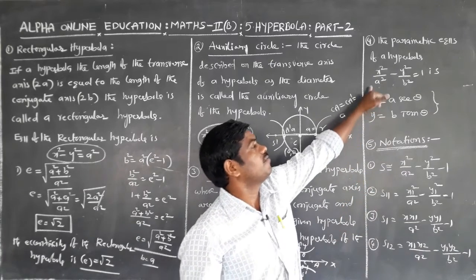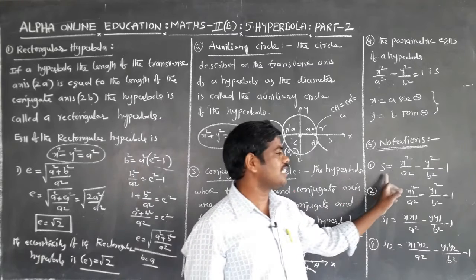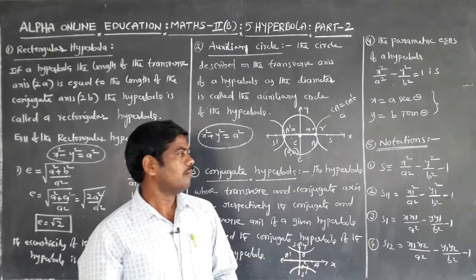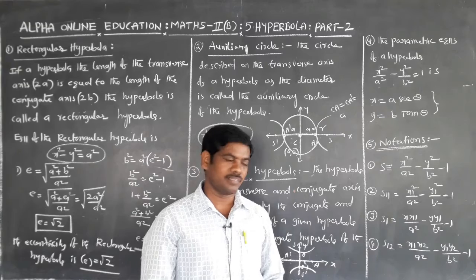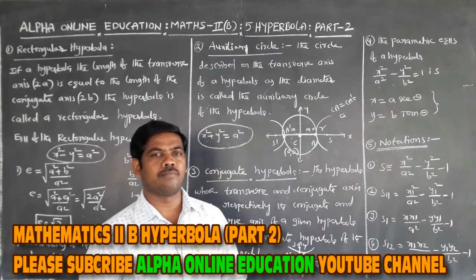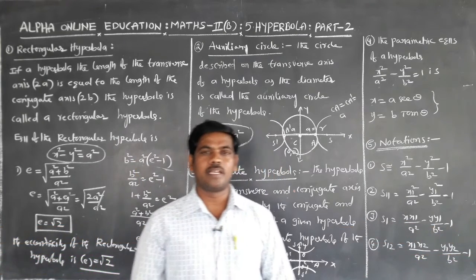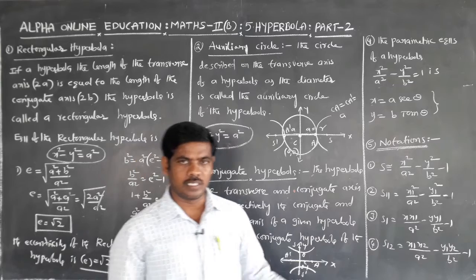The general equation of the hyperbola is denoted by S. S is equal to x square by a square minus y square by b square minus 1. S11 is x1 square by a square minus y1 square by b square minus 1. S1 is x x1 by a square minus y y1 by b square minus 1.